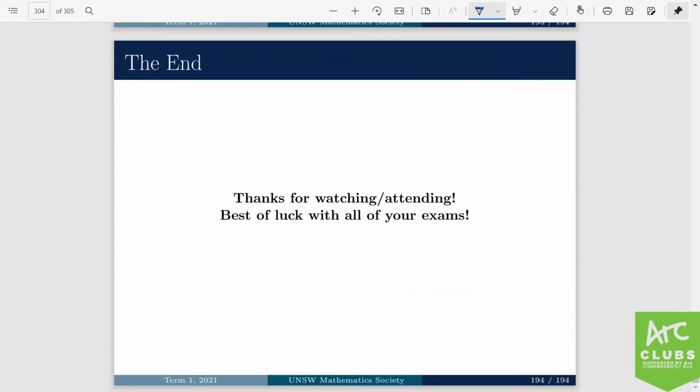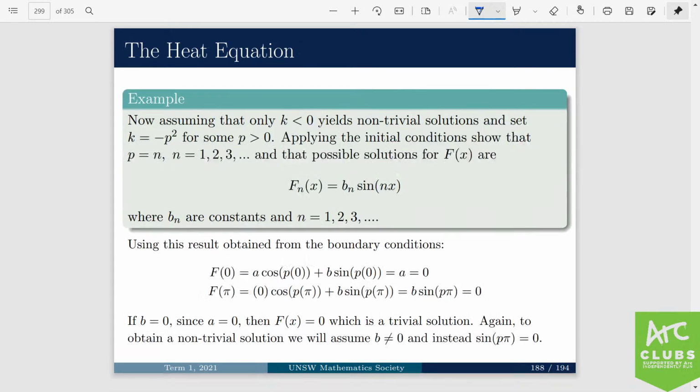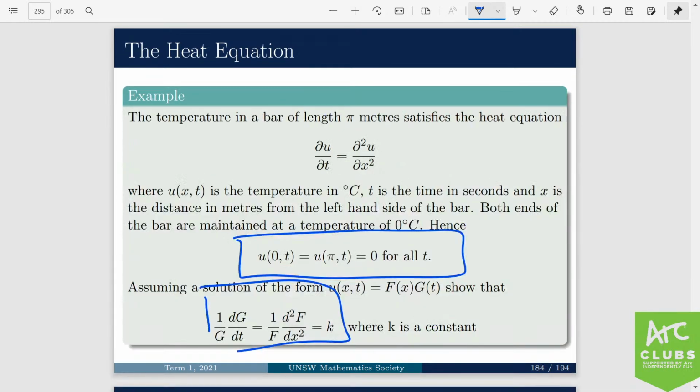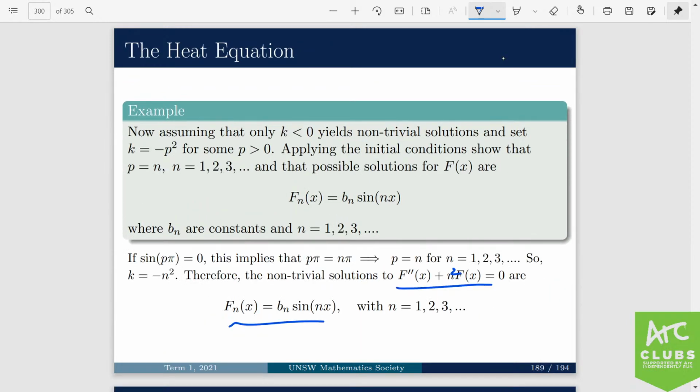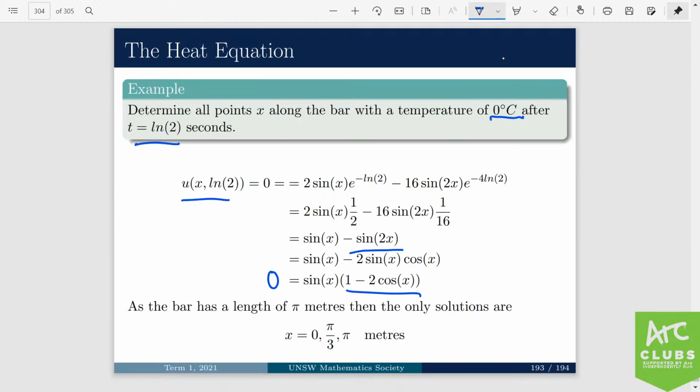Hopefully you're not screaming at your computer screen, but if you are, the only reason we consider that is because if we go back to the original question, it's a bar of length pi meters. So the bar from here to here is only pi long. So we've got pi on 3 right here.